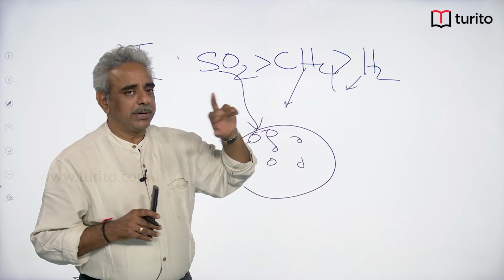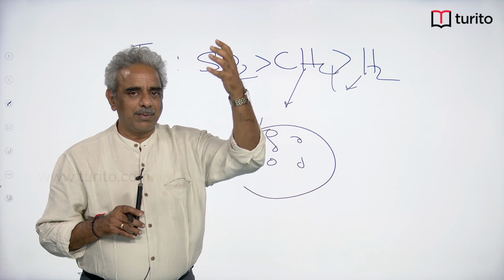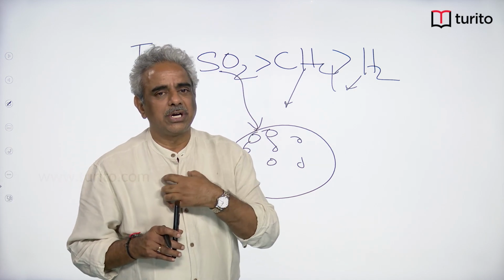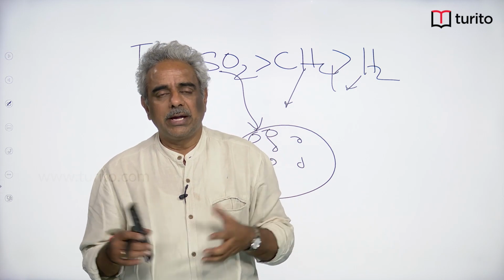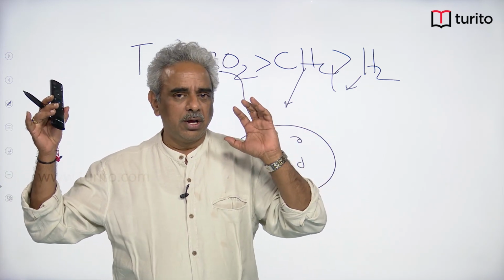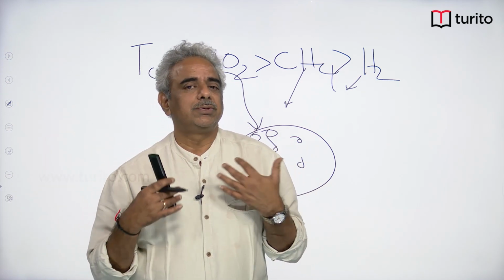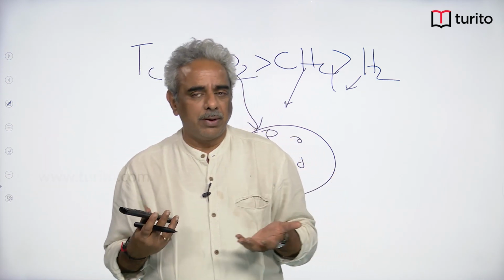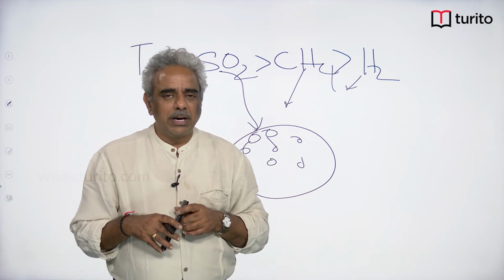This is critical temperature. High critical temperature is favorable. Critical temperature is a characteristic value for a given adsorbate, for a given gas. A gas with high critical temperature will have greater tendency to get condensed. So, such gases are more easily liquefiable, and such gases will show greater tendency to get adsorbed on a surface.